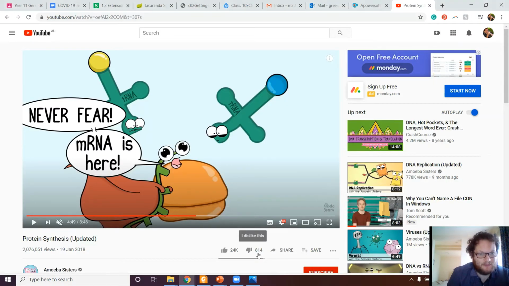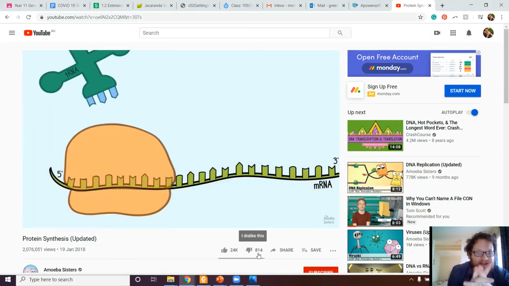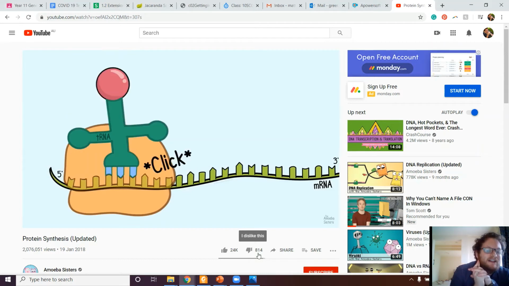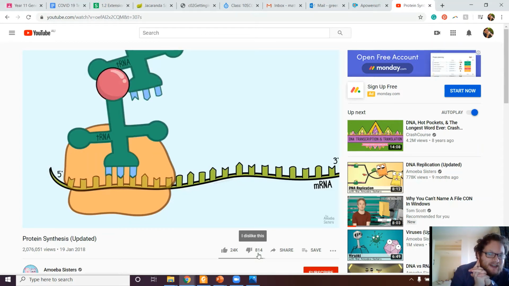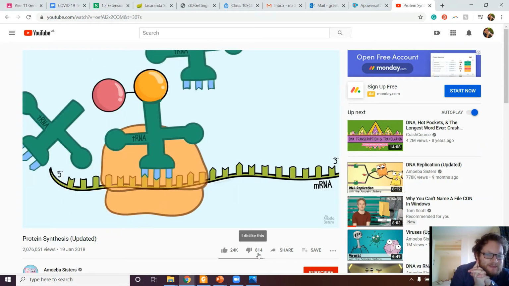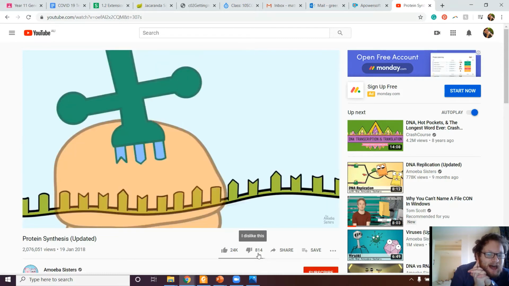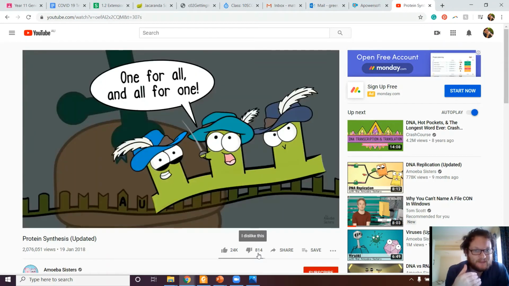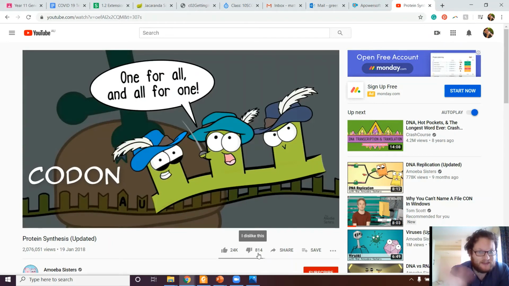This is another example here, part of the YouTube video that I've asked you to look at. You can see as the tRNA comes in, it clicks into specific parts of the RNA, so this part will stick onto this part here. They are in triplets, there are 3, and that's called a codon.